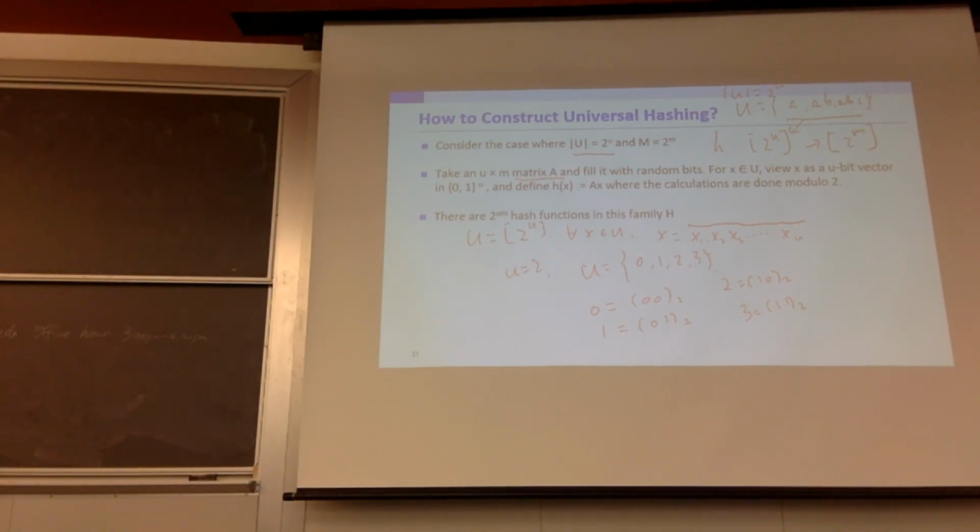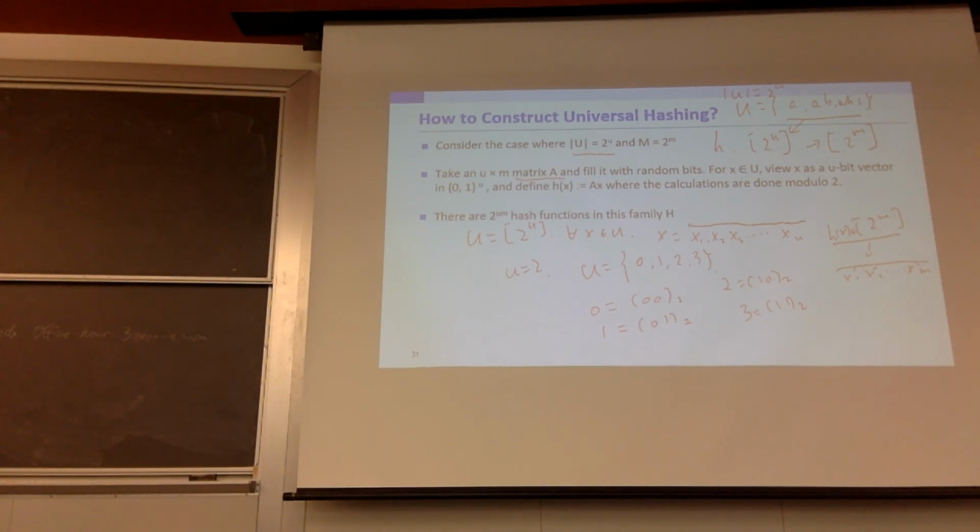This also applies to the range. The range is going to be 2 to the power of n. So for any value, say h of x, it can also be written as a binary number, x prime 1, x prime 2, and so on.